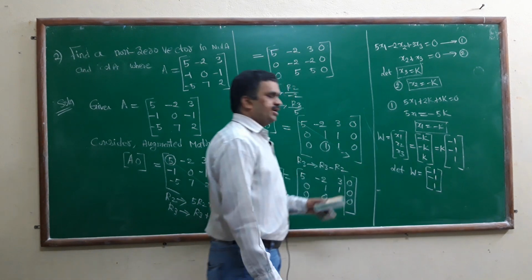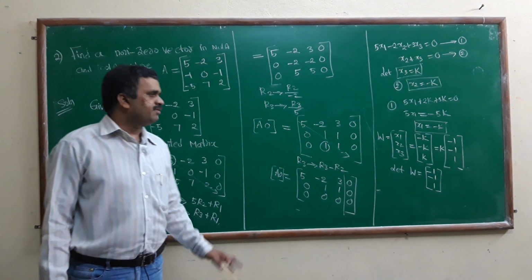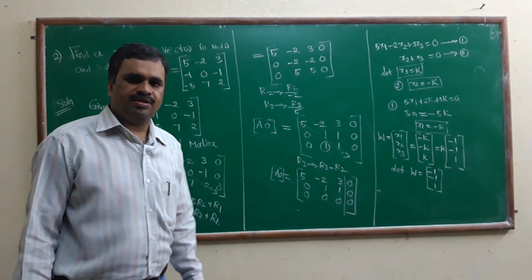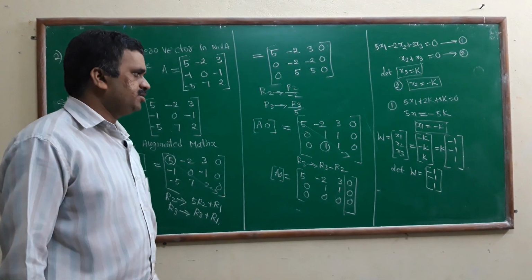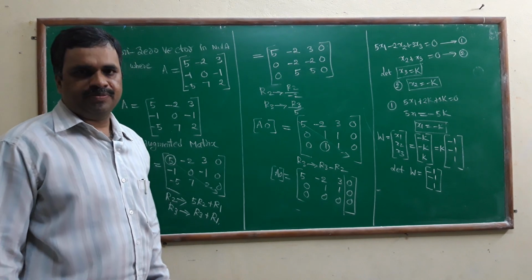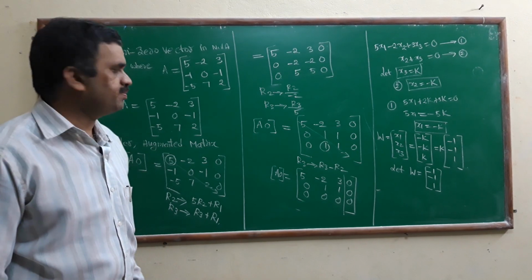Yes, we can do verification also whether this w is a non-zero vector in null A or not. Simply by verifying Aw, we have to get Aw as 0.